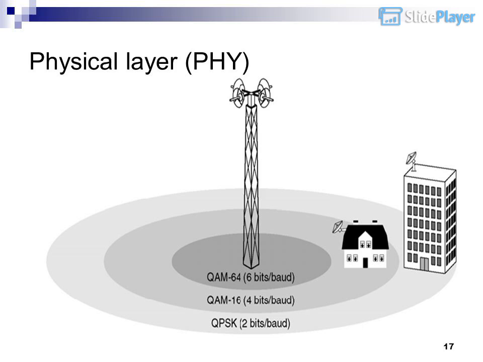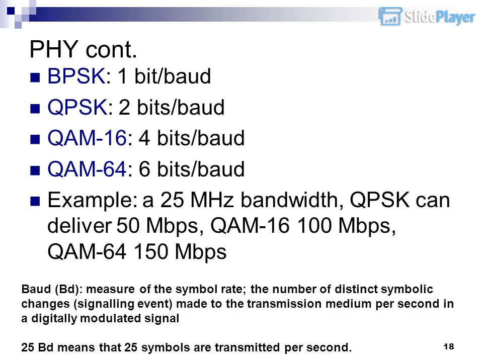Physical layer, PHY. BPSK, 1 bit per baud; QPSK, 2 bits per baud; QAM16, 4 bits per baud. Example: in a 25 MHz bandwidth, QPSK can deliver 50 megabits per second, QAM16 100 megabits per second, QAM64 150 megabits per second.